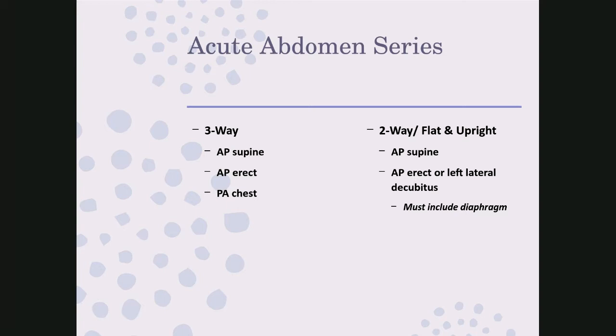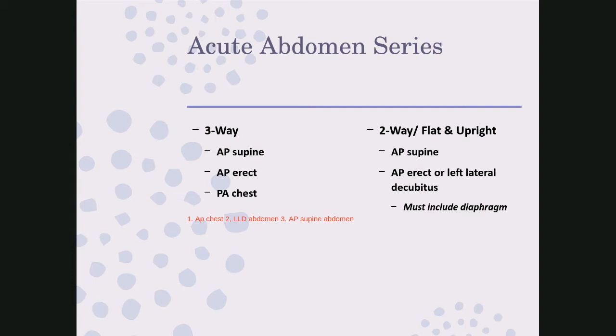Second, you would do a left lateral decubitus abdomen. And third, you would do an AP supine abdomen. Okay, so that is for a non-ambulatory patient. Non-ambulatory, you would do AP chest, left lateral decubitus abdomen, and a supine abdomen.